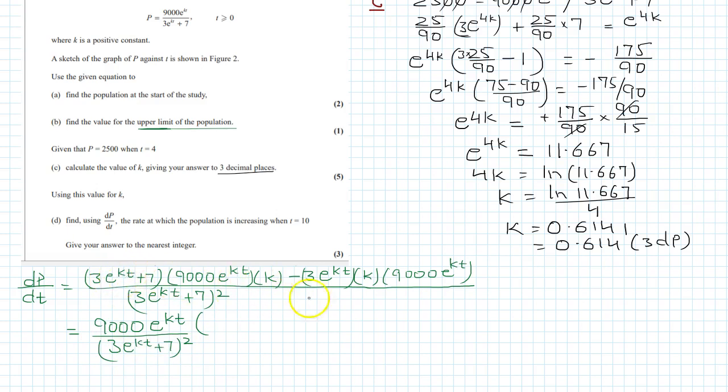So this will be 3k e to the power kt plus 7k minus 3k e to the power kt.